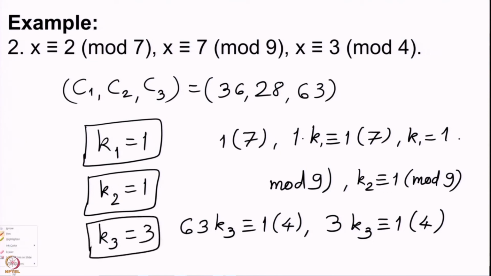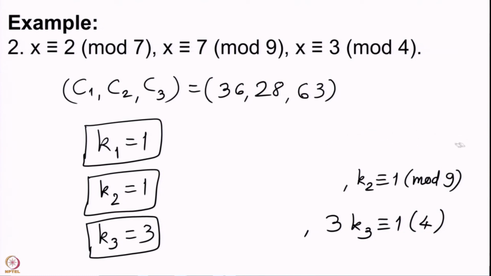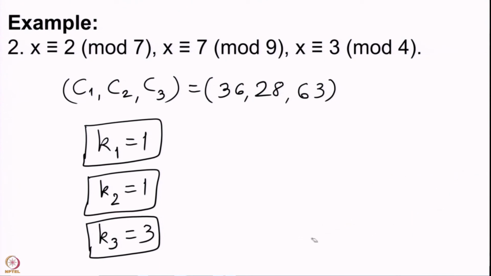So, these are the values which we obtained for K1, K2, K3, and from these we should now obtain the xi, x1, x2, x3.